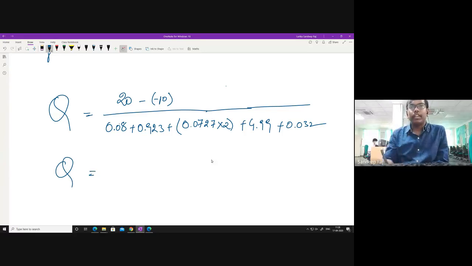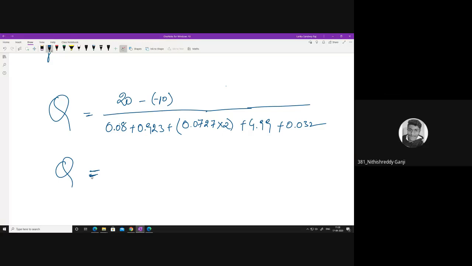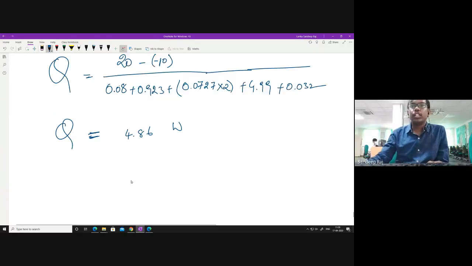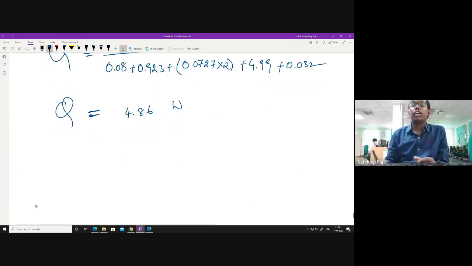Tell me what is the value of this Q. 4.86 watt. Okay, this is what you got. But this particular q you have calculated is not for the whole area.